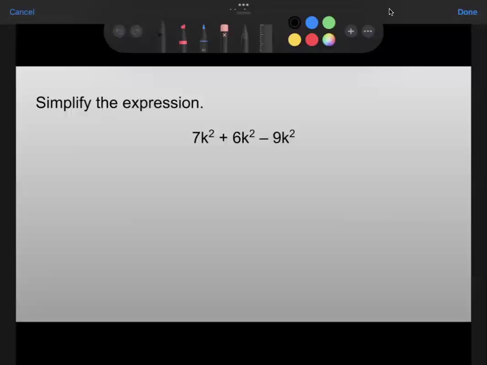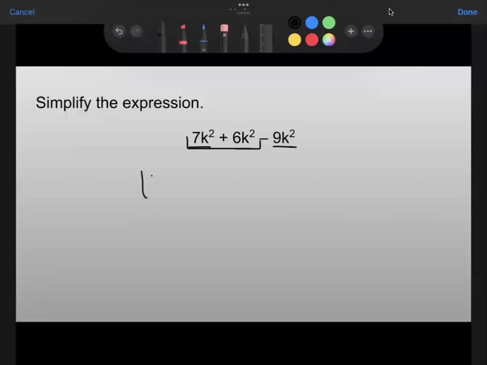Okay, here's our next one. 7k squared plus 6k squared minus 9k squared. I don't see any parentheses here, which means we're probably not using the distribution property. And it looks like all 3 terms have k to the second power, which means we can combine them all together and simplify. So I'm going to start with these first two. 7 plus 6 is 13.